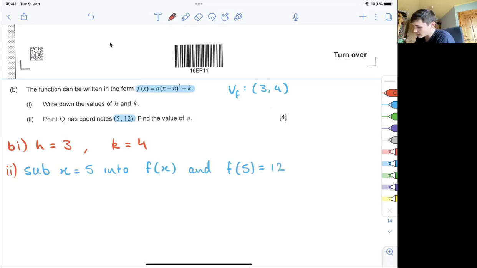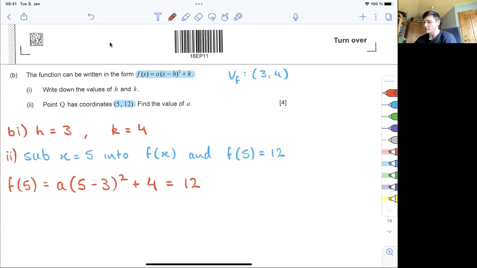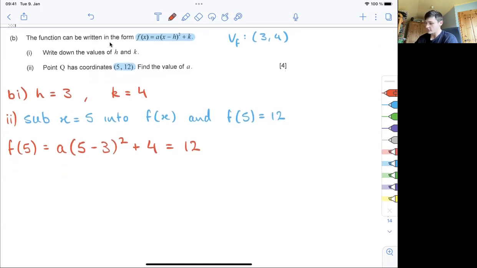If we do this, f of 5 is going to equal a multiplied by (5 minus h, which we've found is 3) squared, plus k, which is 4, and that is going to equal 12. I should have rearranged for a up the top here, but we'll see how it works as we go. Now we go through a process of rearranging to find a.